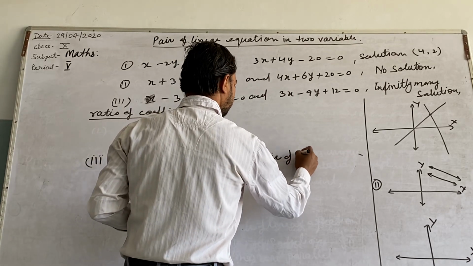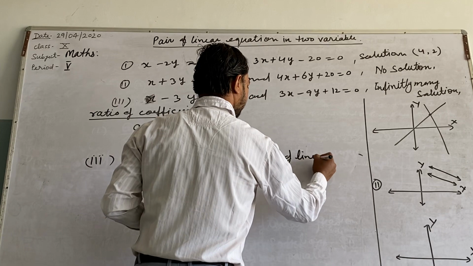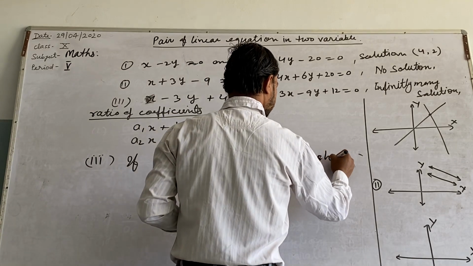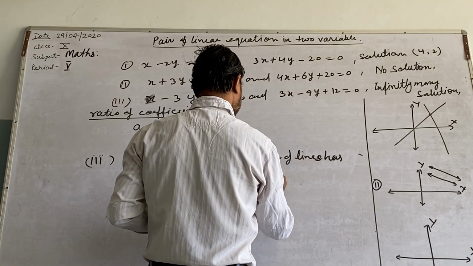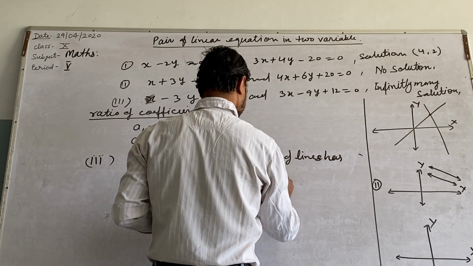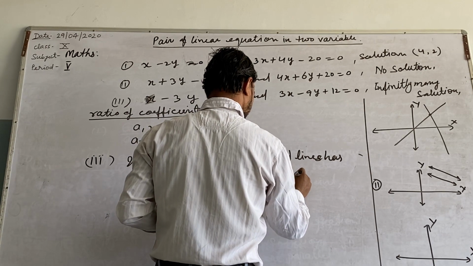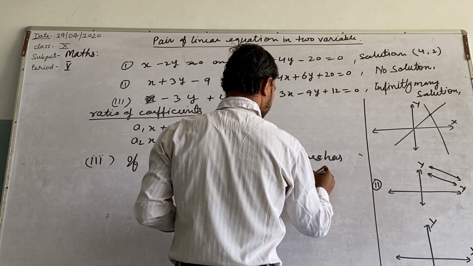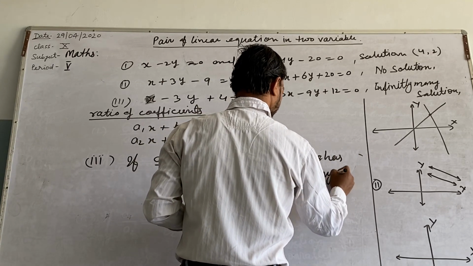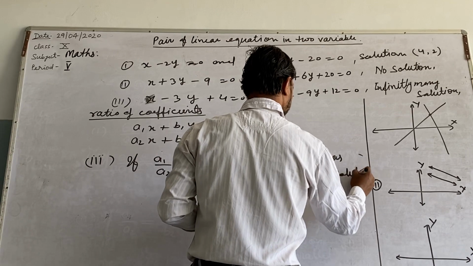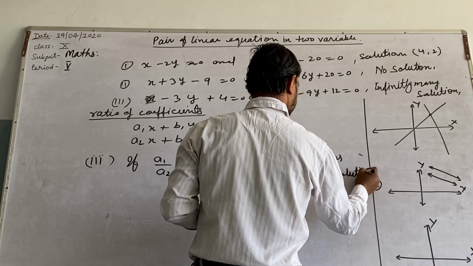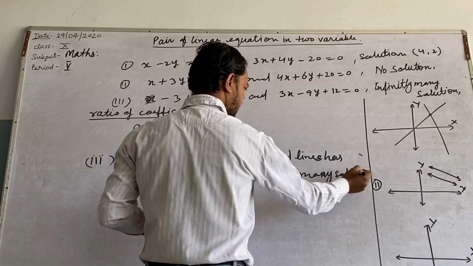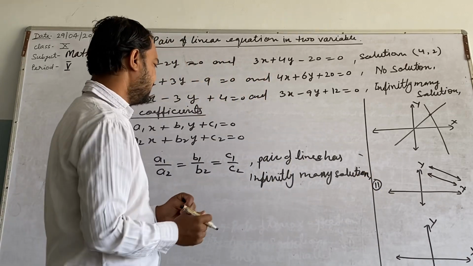The pair of lines has infinitely many solutions. Infinitely many solutions. First word, it has many solutions.